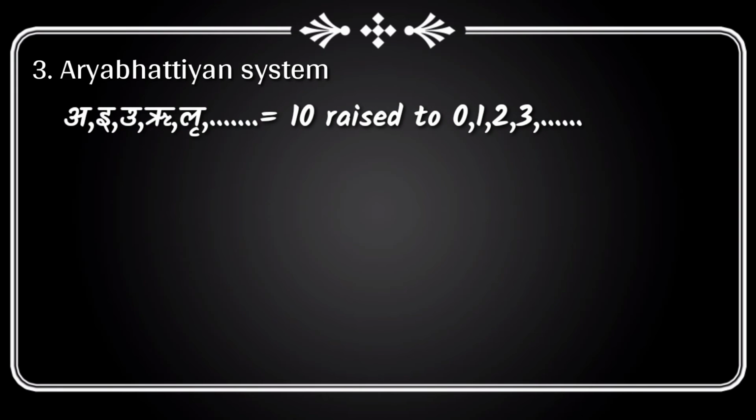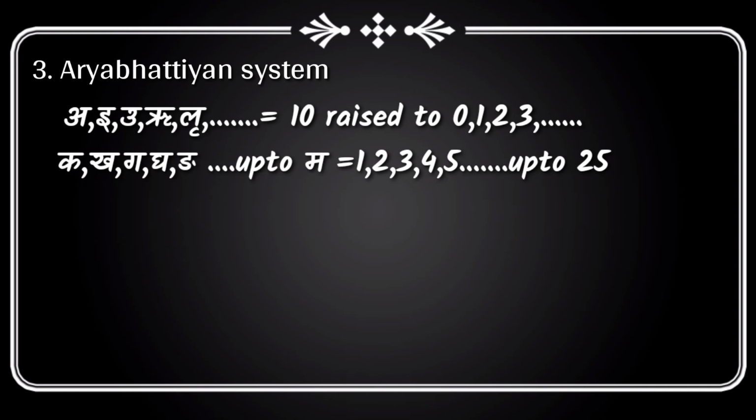And the consonants represent the integers like ka, kha, ga, gha, nga, cha, chha, ja, jha, nya, ta, tha, da, dha, na representing the integers 1, 2, 3, 4, 5, 6, 7, 8, 9, 10, 11, 12, 13, 14, 15 and so on.